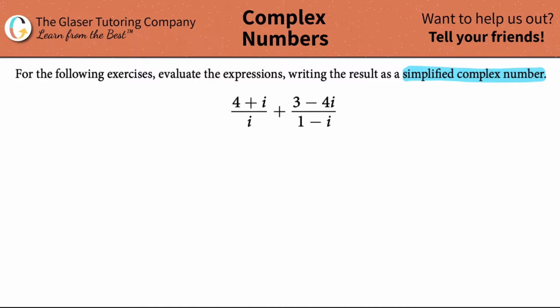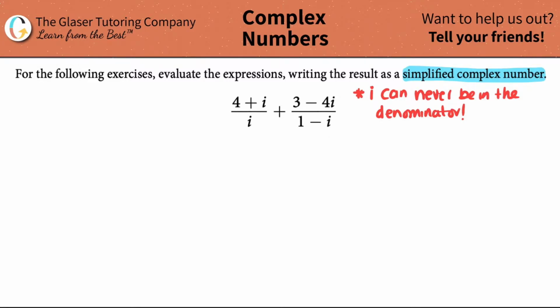Now, we've done tons of problems, and we know that i, which is an imaginary number, can never be in the denominator. So, i is in the denominator for this fraction, and i is in the denominator for this fraction.